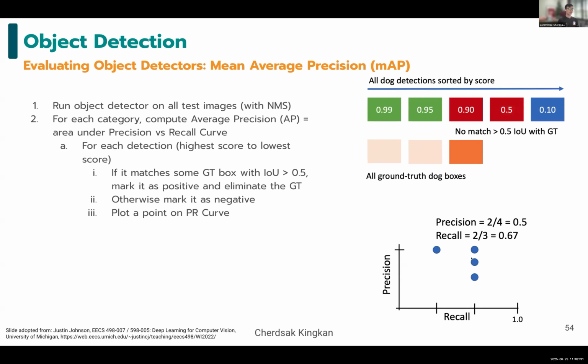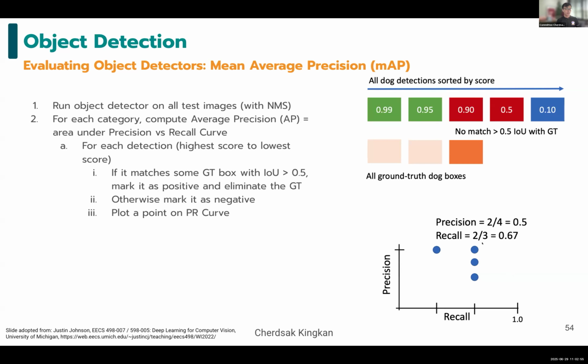And then we repeat it again, right? For this point, it seems to be a negative one. So we plot it here. So our precision gets lower because out of these 4 samples we examine, we got 2 positive, so the precision will be 0.5, right?